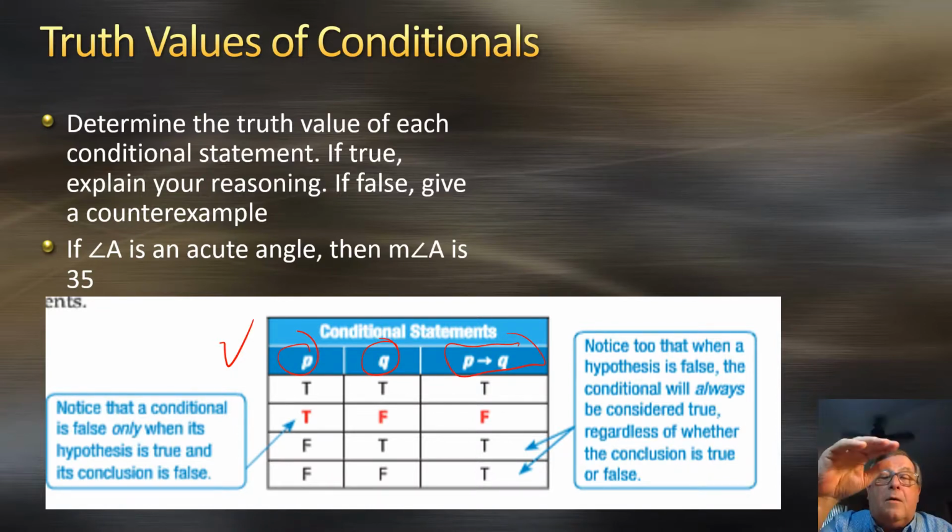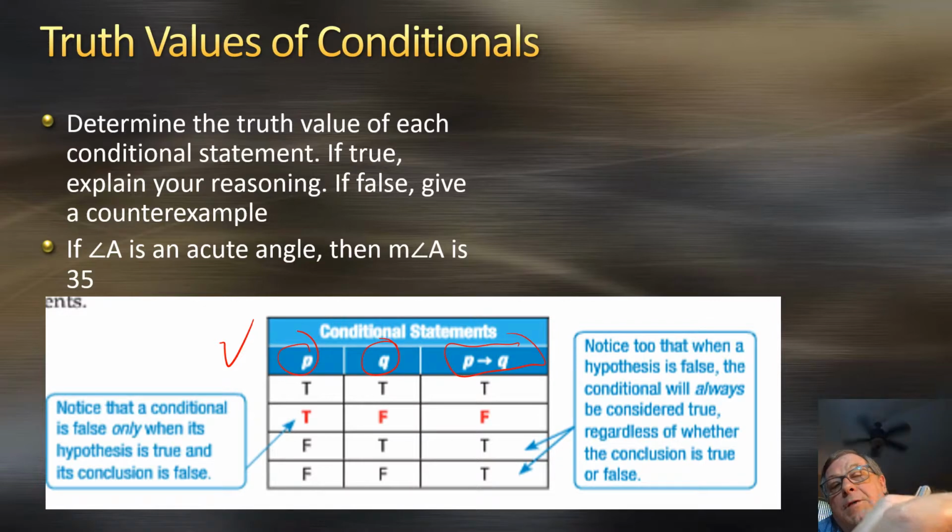Now, if you flip that around, the converse of that statement, if the measure of angle A is 35, then angle A is an acute angle, that would both be true. But I could come up with a counterexample to the original.